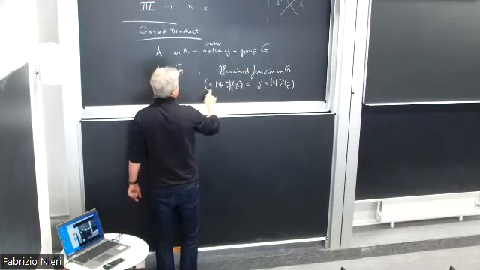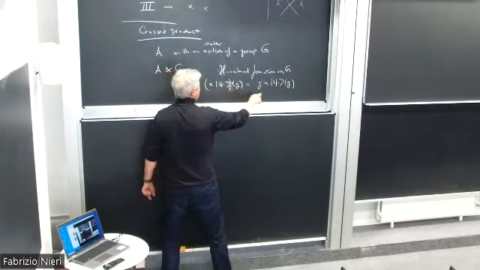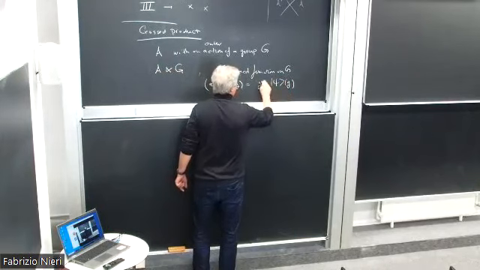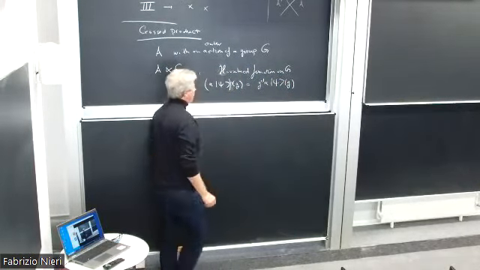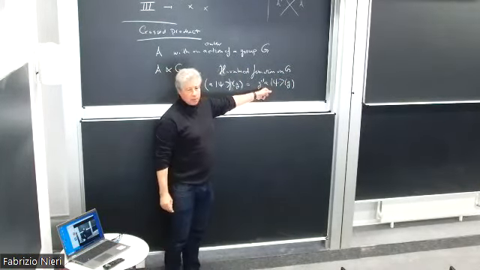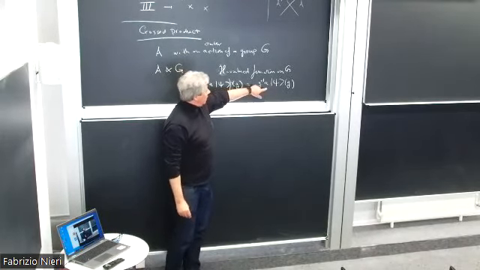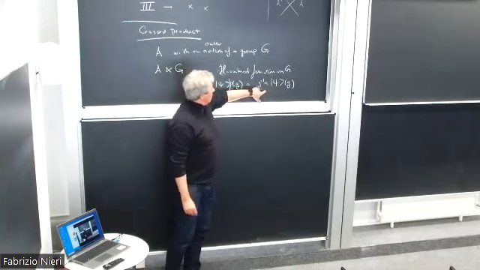I have a new element as a function of G, and that new element takes the old element and acts with G inverse A on this. The mathematicians like to put an inverse here, and I'll explain later why it is useful.